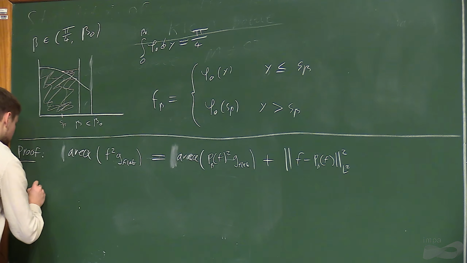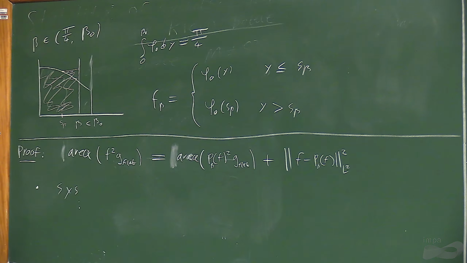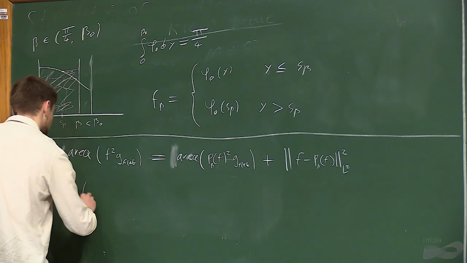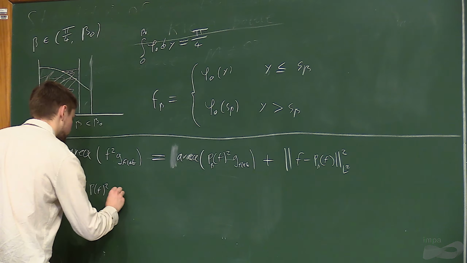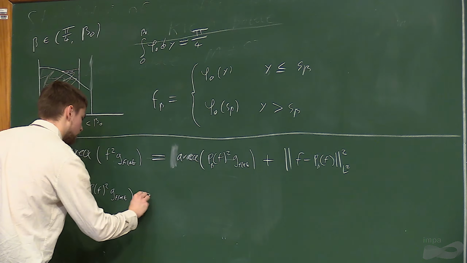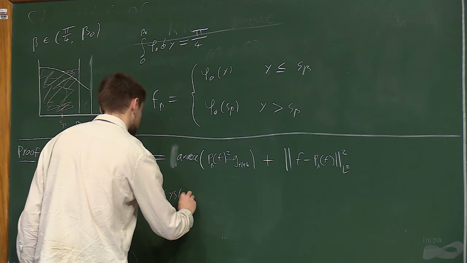And so basically, what we have to show is that this projection does not decrease the systole. So we want to show that the projected systole is always bigger than or equal to the systole we started with.